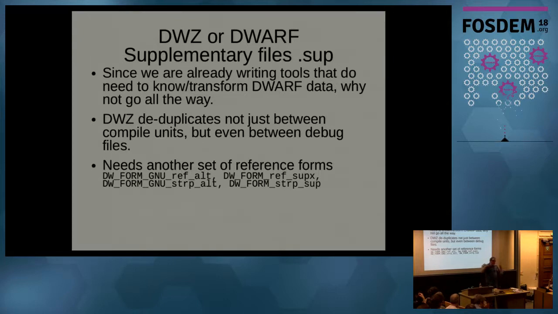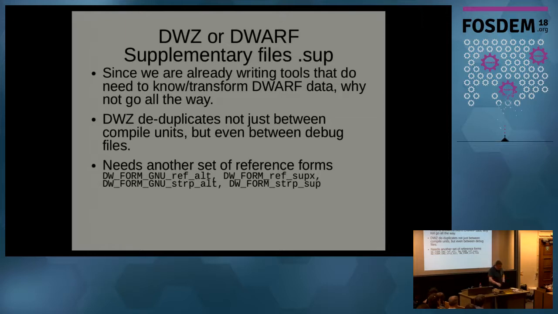The nice thing is, if you know about Dwarf and you don't mind one extra extension, which is actually also in DWARF5 now, that you can deduplicate between debug files. You need new forms again to follow string pointers or references, but now you can say, for all those debug files, just look there. I've made one large string section or info section types.